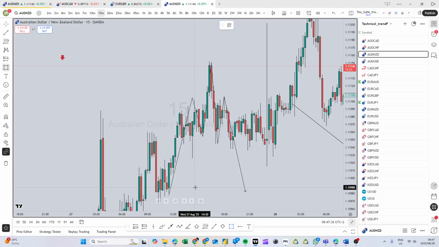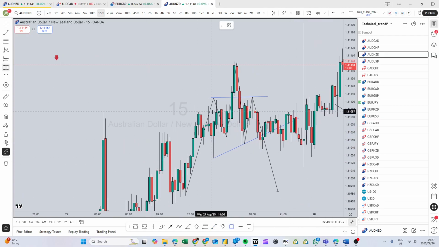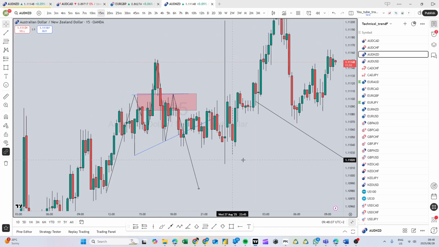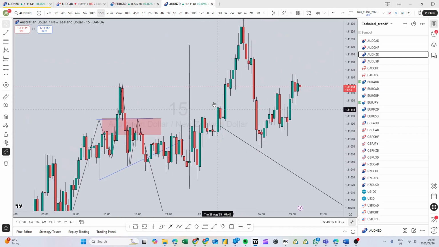So this was our shoulders, and this right here was our neckline. On the retest of this shoulder, that's when I made my entry, but the whole move never really played out. I ended up being taken out.